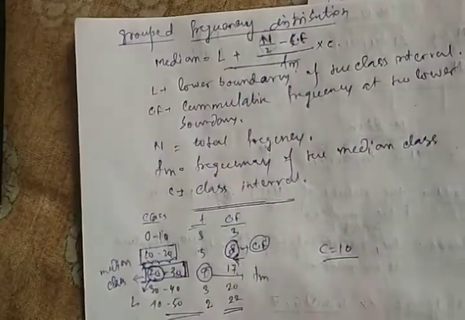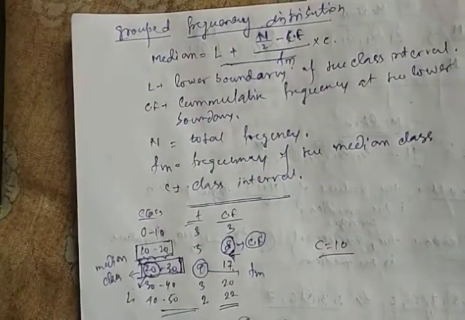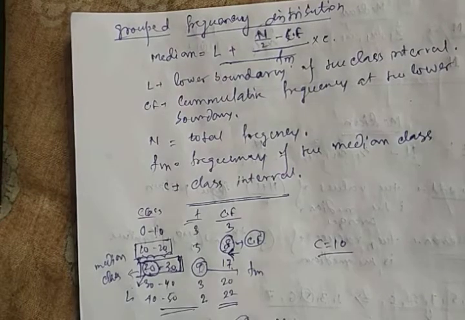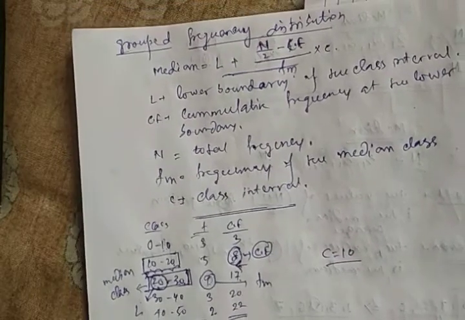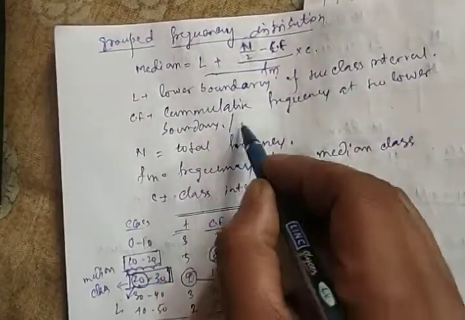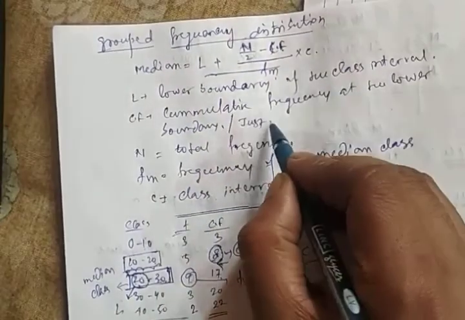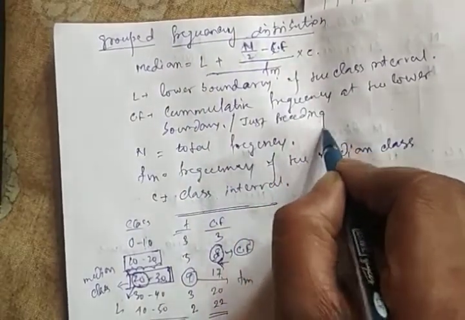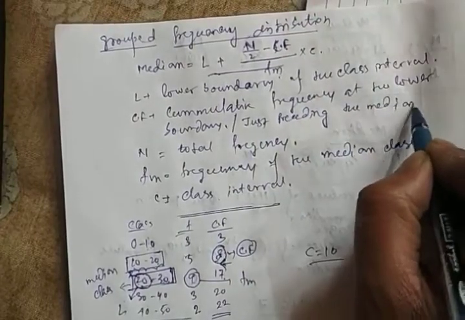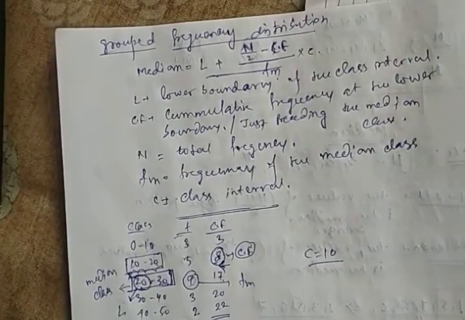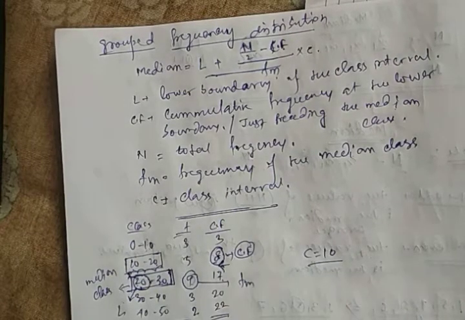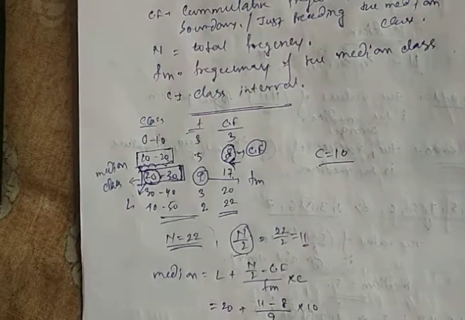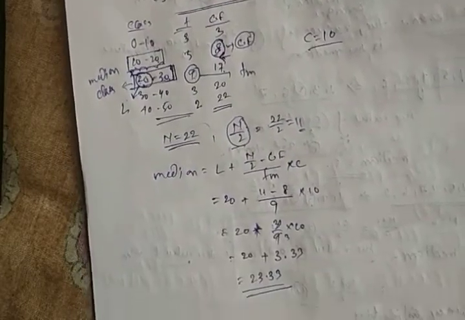Then we define each of these values: L for the lower boundary of the class interval, CF the cumulative frequency just preceding the median class, N the total frequency, FM the frequency of the median class, and C the class interval. So this is how we find the median for a grouped frequency distribution.